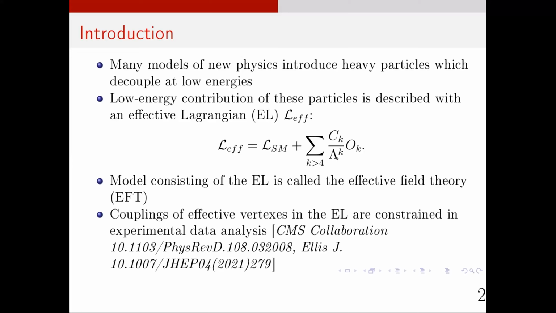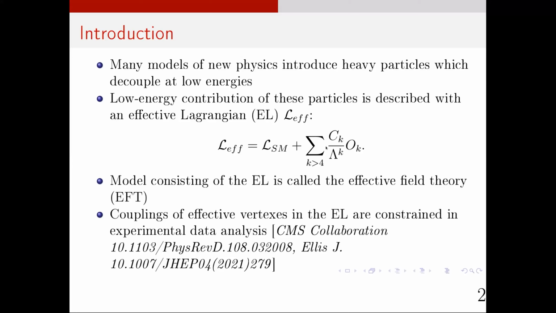Lambda is a scale of energies of particles where new physics, new heavy particles could be produced on shell. So if we have a scattering experiment with energies of order lambda, then we could produce new heavy particles on shell.